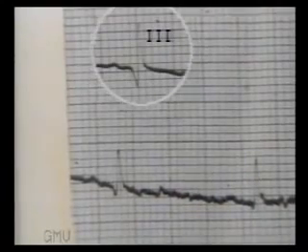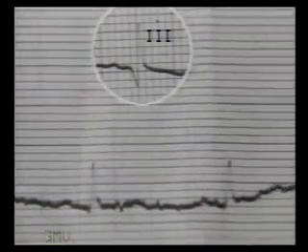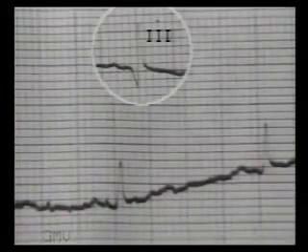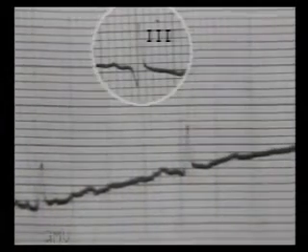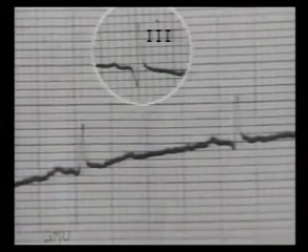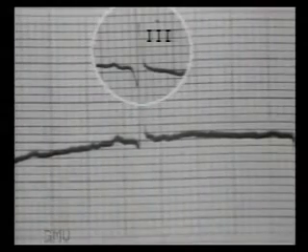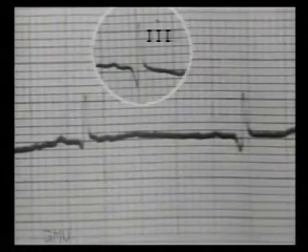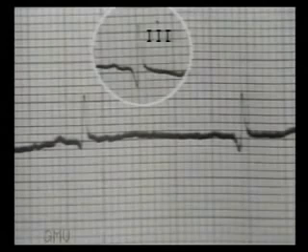See this continuous tracing. In deep inspiration there is no Q wave, but on expiration the Q wave reappears. This is a normal non-pathological Q wave. So if Q wave is seen only in lead 3, take a tracing in deep inspiration.